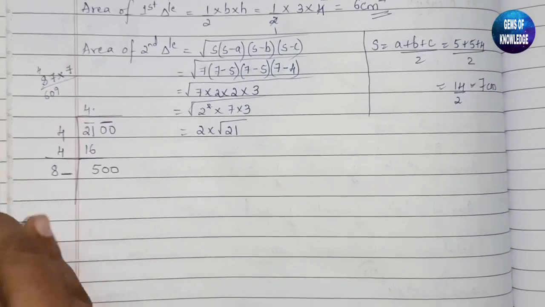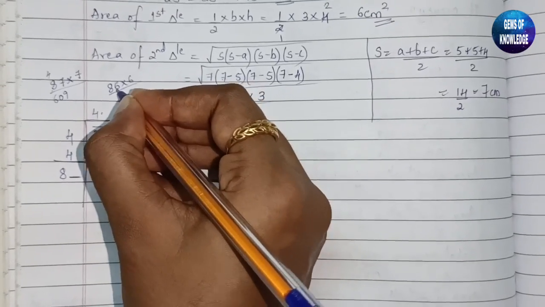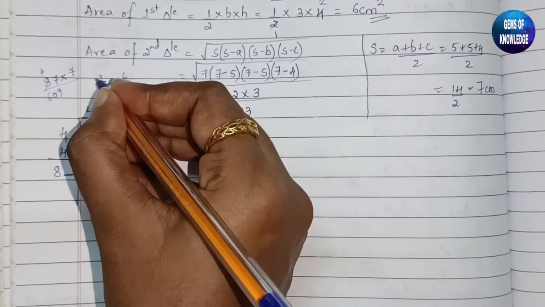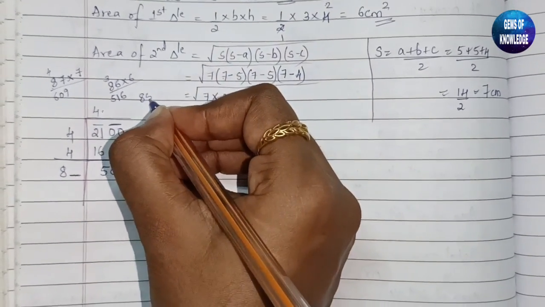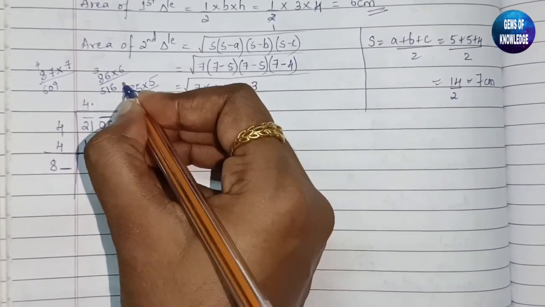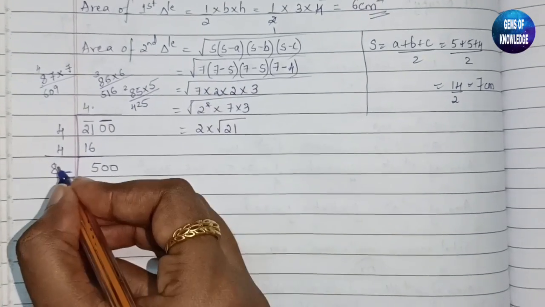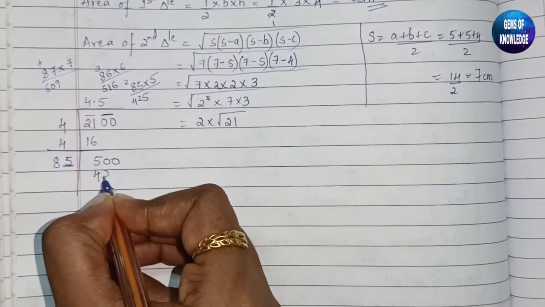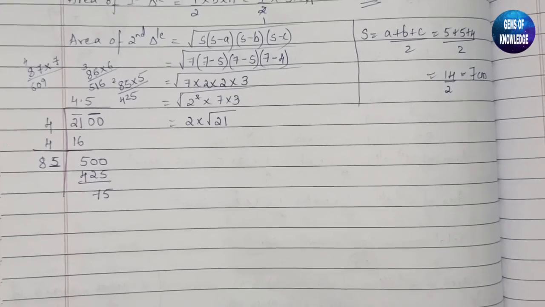So we take a lesser number, 86 into 6: 6 6s are 36, 6 8s are 48, plus 3 is 51, also greater than 500. So again we go lower, 85 into 5: 5 5s are 25, 5 8s are 40, 40 plus 2 is 42. So 85 into 5 is 425, and the remaining is 75.